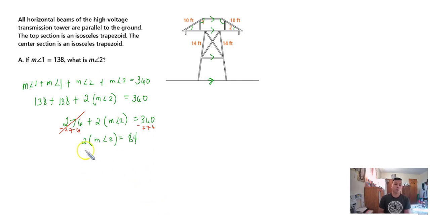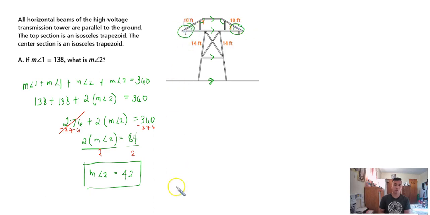And I'm going to divide both sides by 2. Okay, therefore the measurement of angle 2 is equal now to 42. So each base angle here measures 42. So this angle here and this angle measure 42 degrees.